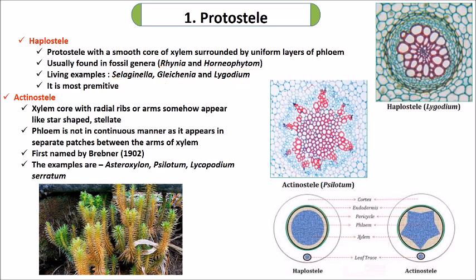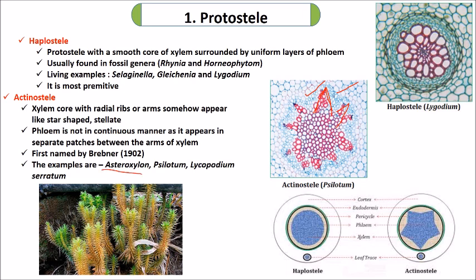Then the actinostele is usually star shaped; the central xylem core is star-like or stellate, and the phloem is not continuous here because it is interrupted by the arms of the star.